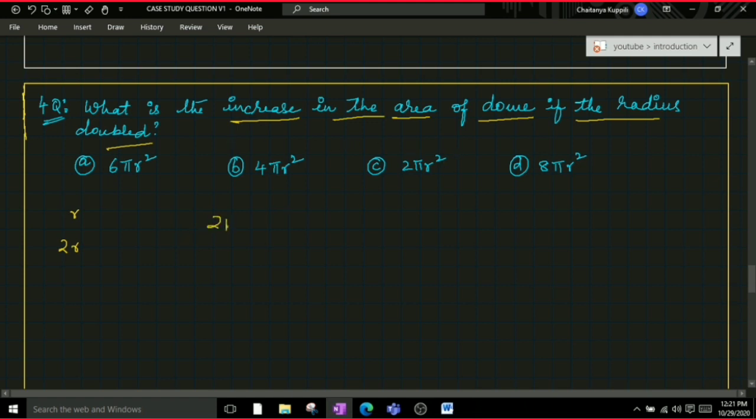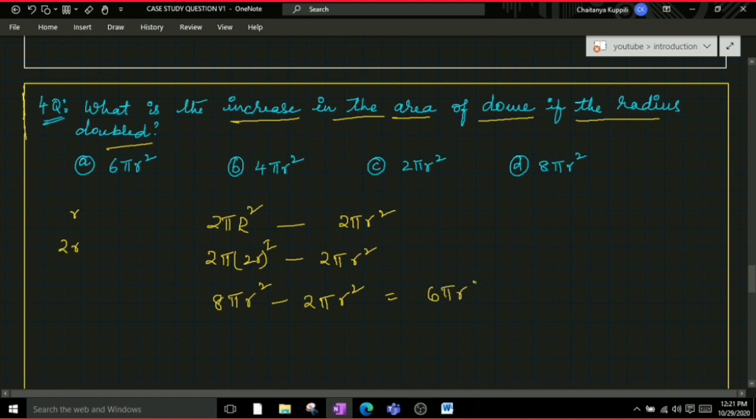It means 2 pi into double r whole square minus 2 pi r square, because the smaller dome has increased. So this is 8 pi r square minus 2 pi r square, that is equal to 6 pi r square. You need to observe that there is no r value given, nothing. Why subtracted over here? You need to find out the increase, so subtraction is required. So 6 pi r square is the answer.